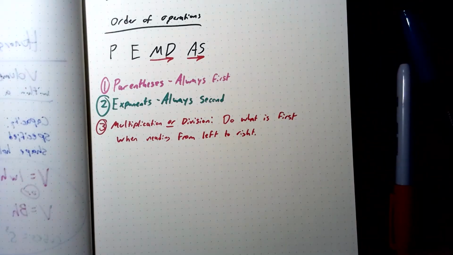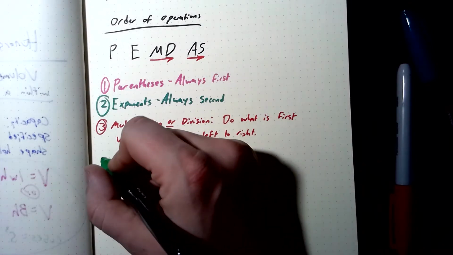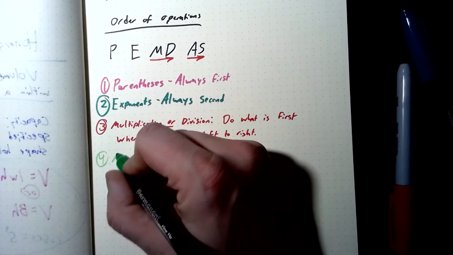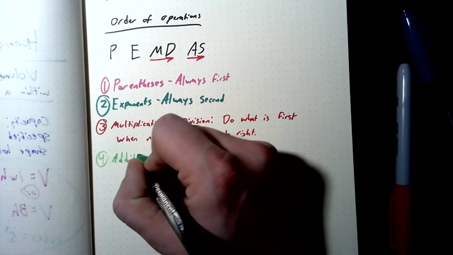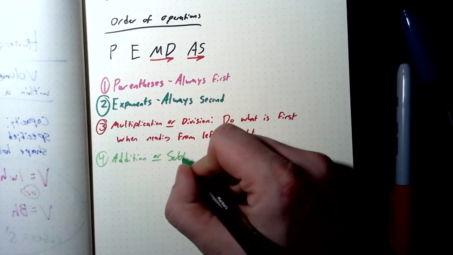Like I said with multiplication and division, you can probably guess addition and subtraction follows that same rule. The very last thing you will do in a math problem is either addition or subtraction.